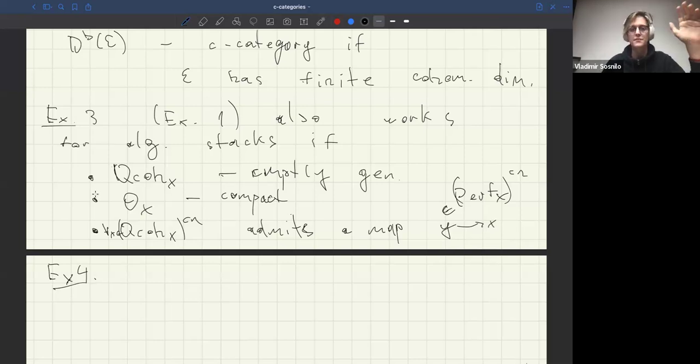I don't have time to go into too much detail about the conditions, but this has been thoroughly studied, and there are some positive results in this direction. Although it's not really clear what the right generality in the geometric setting is, and there is no nice description of the subcategory of stacks satisfying these conditions. But for instance, any quotient stack.